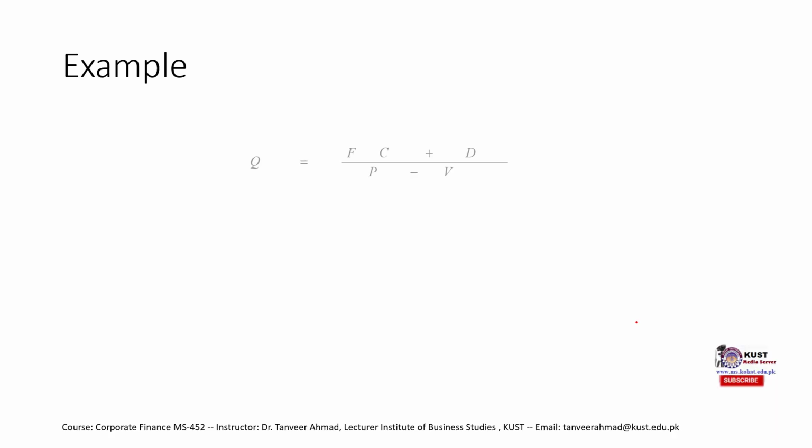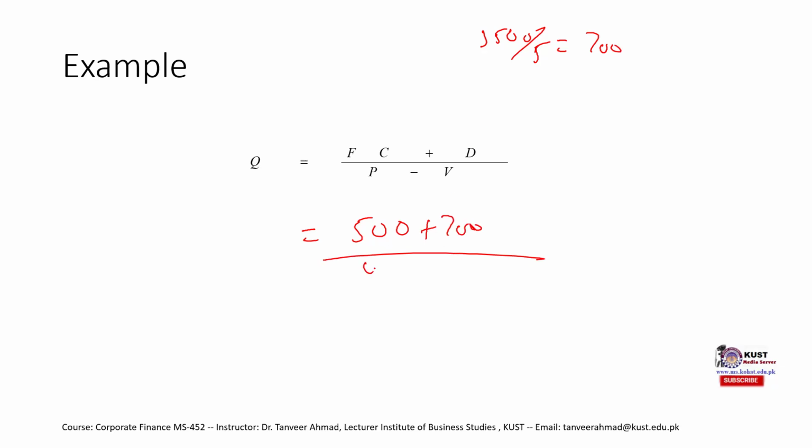Okay, so our formula to find accounting break-even is Q equals FC, fixed cost, plus depreciation, divided by P minus V. If we plug in the values, fixed cost is 500, depreciation is 3,500 divided by 5, which is 700. So we add 700, divided by the selling price of 40 minus the variable cost of 20.